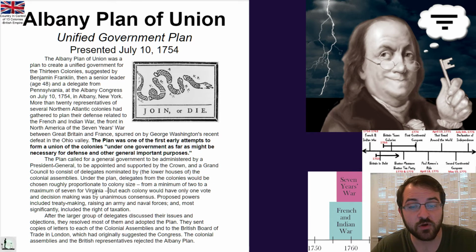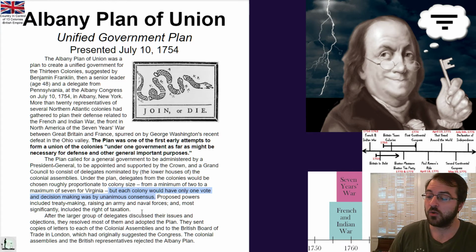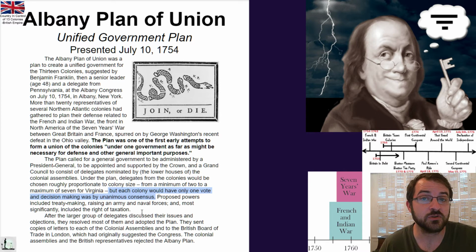But each colony would have only 1 vote, and decision-making was by unanimous consent. So Virginia may get 7 people present in the meeting, 7 different brains with which to argue, but at the end of the day, every single colony has an equal vote.